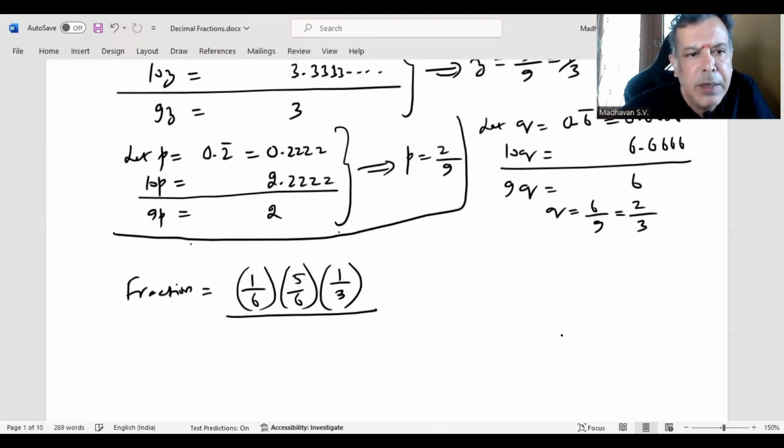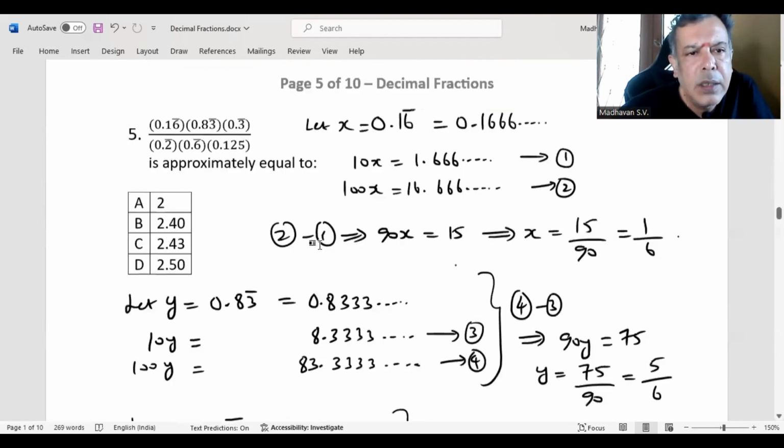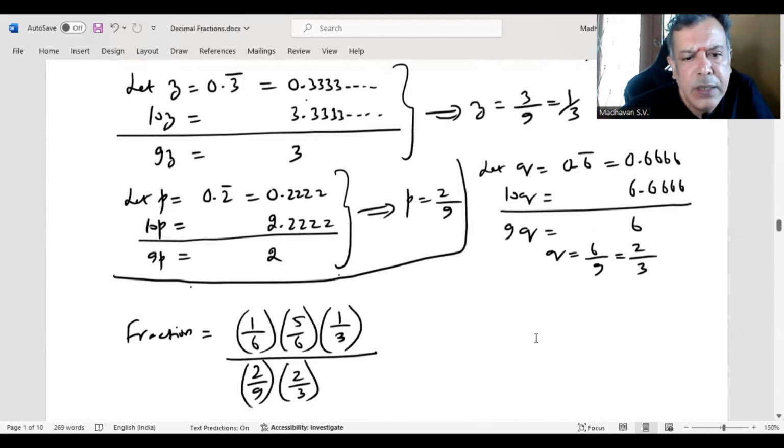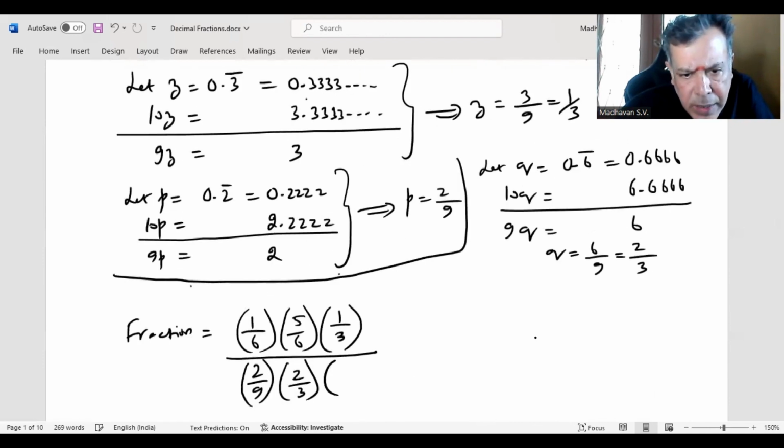Divided by the denominator, PQR: P is 2 by 9, Q is 2 by 3, R is 0.125, which we said is 1 by 8, not recurring.